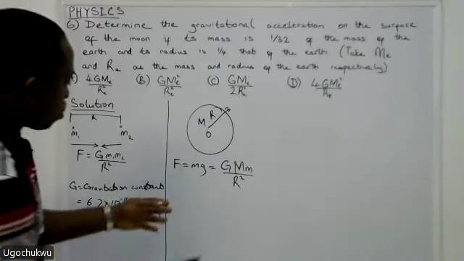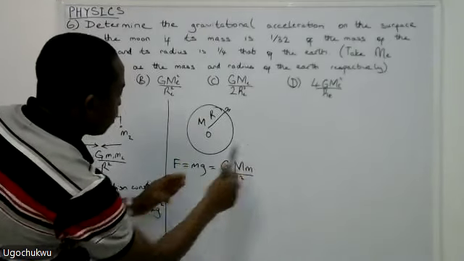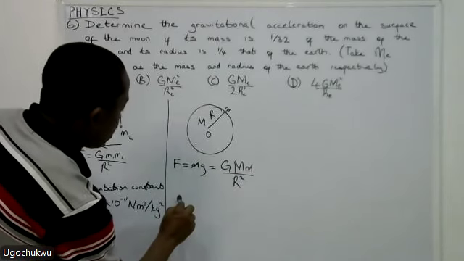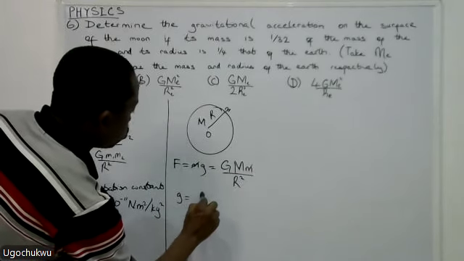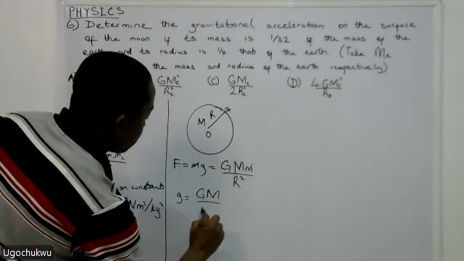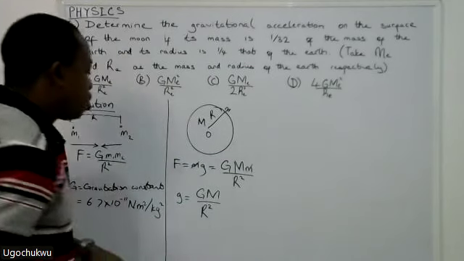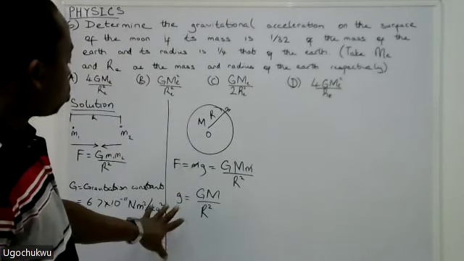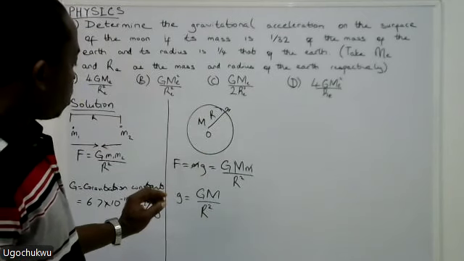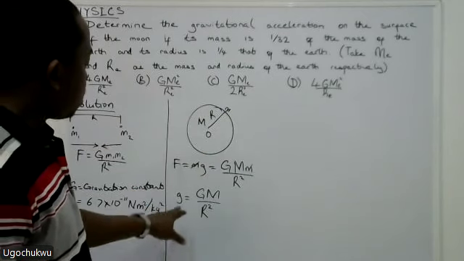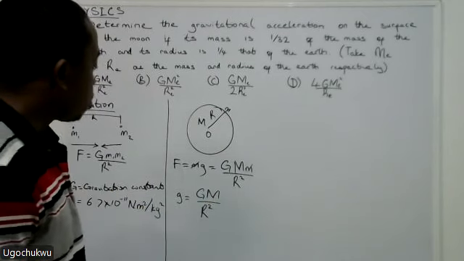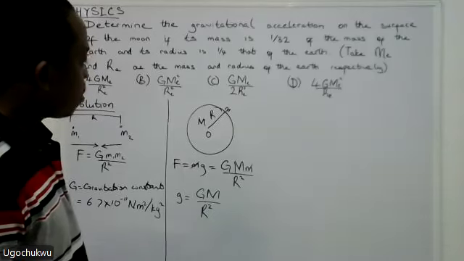So this m will cancel out this m. So we have g is equal to GM all over r squared. So basically, the gravitational acceleration on a body on the surface of the Earth is equal to the gravitational constant times the mass of the Earth over the radius of the Earth squared, right?